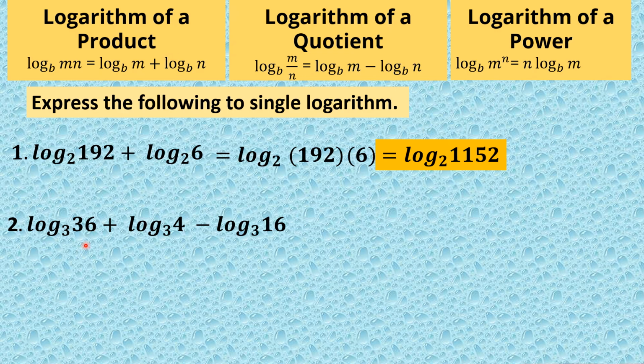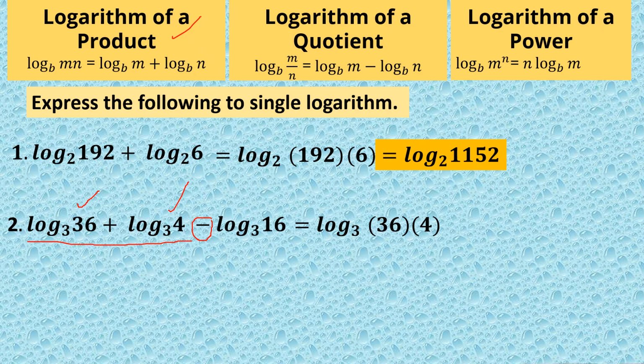Log of 36 to the base 3 plus the log of 4 to the base 3 minus the log of 16 to the base 3. Since the two terms are being added, we apply the logarithm of a product, multiplying 36 and 4. But since there is also a difference, we will recall the logarithm of a quotient.